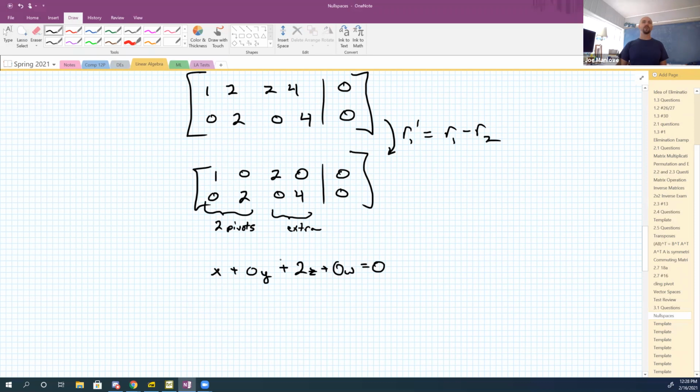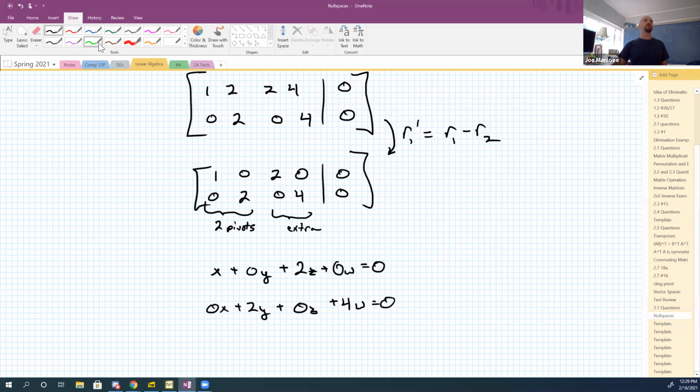And the second equation reads 0x plus 2y plus 0z plus 4w equals 0. And now I'm just going to make my life a little bit easier and think to myself, all right, so z and w are free variables, right? You guys all see that? They're going to determine x and y here.